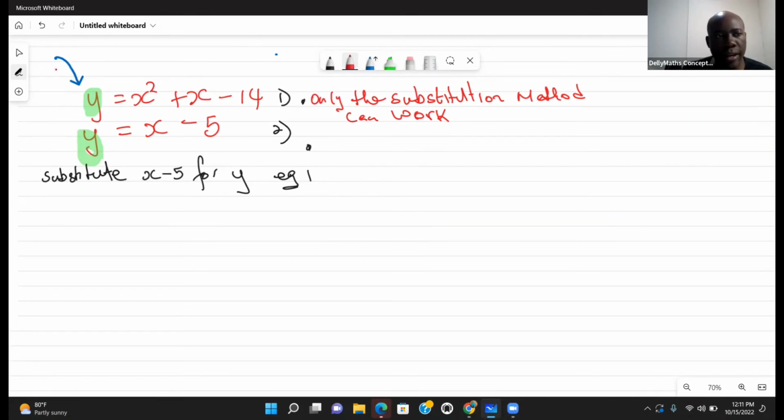That's what we're saying. Because in order to solve it, we're going to have to get rid of one of the variables. That is why we're doing that. So in this case, you're going to see where you have x minus 5 taking the place of the y.